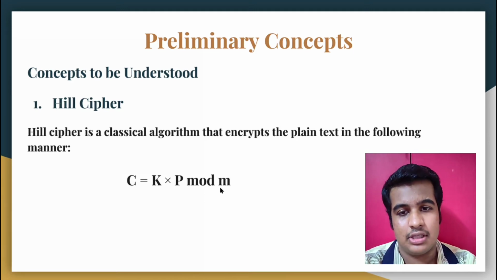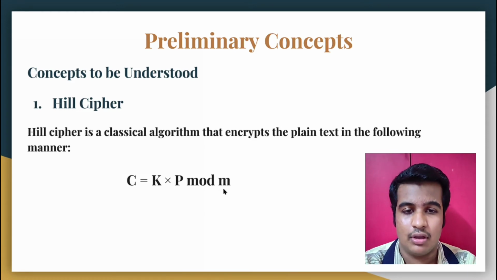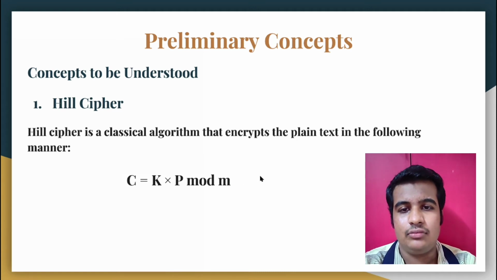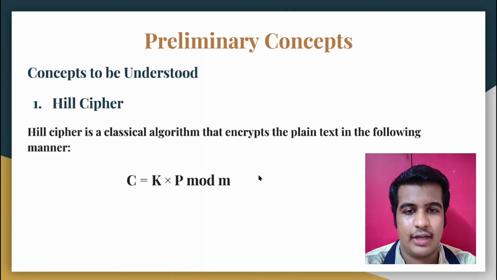However, in images, a pixel can take far more values, from 0 to 255, that is 2 to the power 8 values. In that case, we take the result modulo 256. The result is the cipher text or cipher image, based on what the input is.